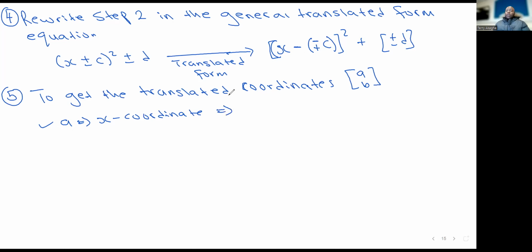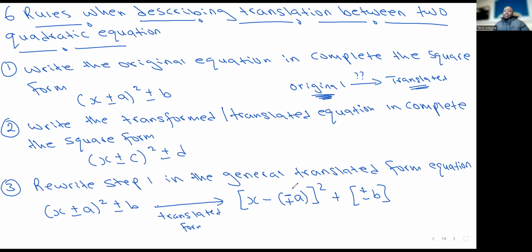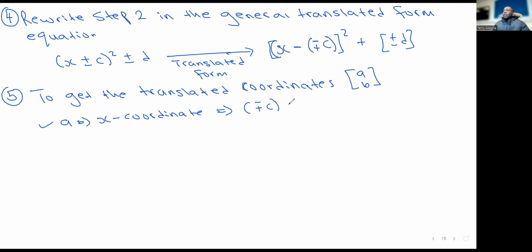What you do is the answer you get from this point here, the value you have in this bracket, so is the minus plus C. The answer you get is value. Then the answer you get there, you then have to subtract it from the answer you get here. So it's going to be this minus plus A. The answer you get is going to give you the A.